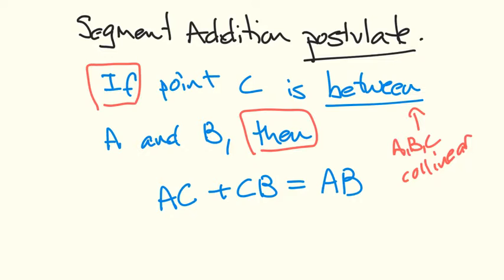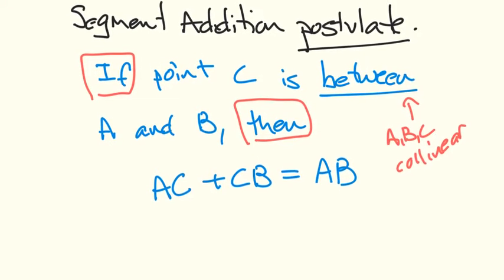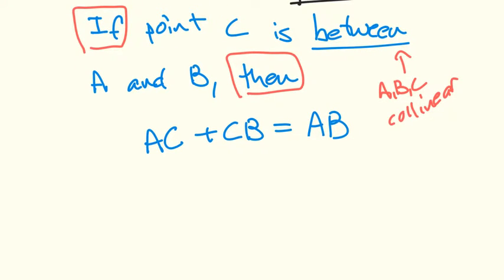All right. And here, by the way, notice that we are looking at AC and CB and AB with no lines over top. So we're talking about the distance from A to C and the distance from C to B added together equals the distance from A to B. And let's draw a picture of this just to clear it all up a little bit.